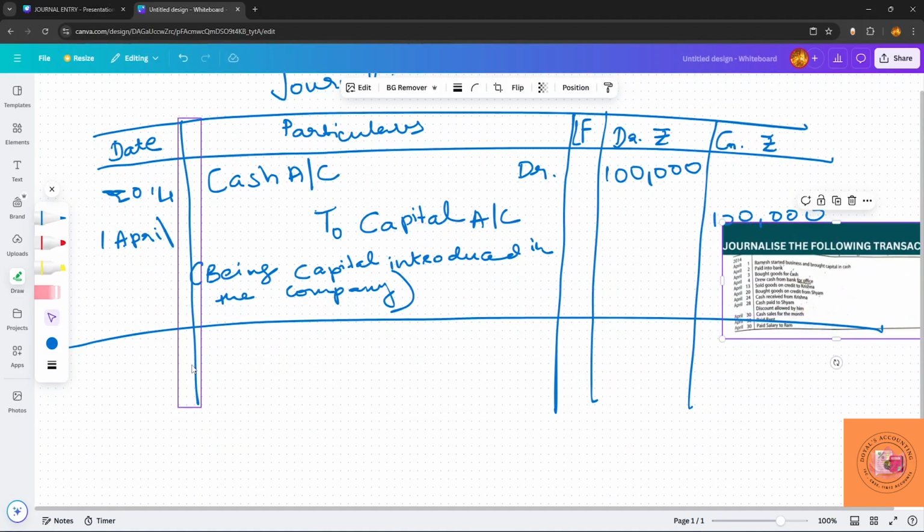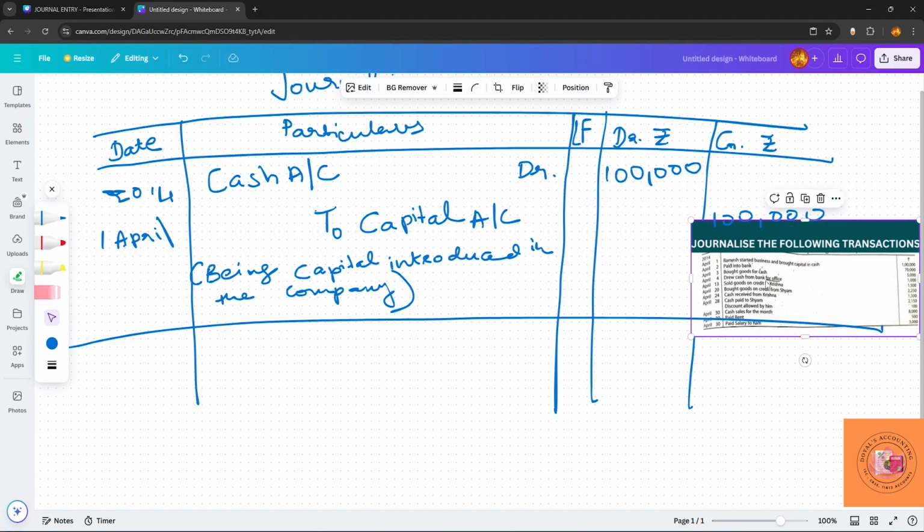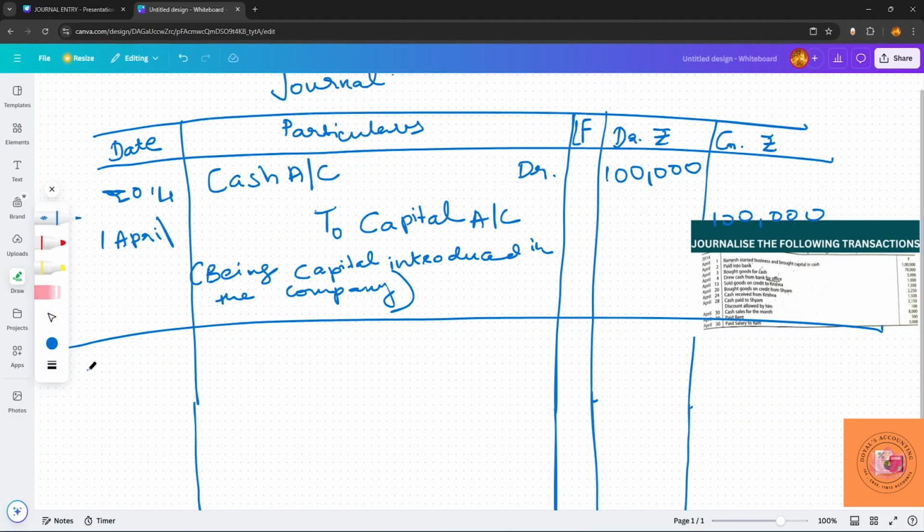Paid into bank 70,000 on 2nd April. So I will write my date here, 2nd April. And now, what are the accounts involved? Paid into bank. That means cash has been deposited in the bank. So the accounts involved here are cash and bank. Now both are real in nature. What is the rule? Debit what comes in, credit what goes out. So what is coming in? Money is coming into the bank. Okay.